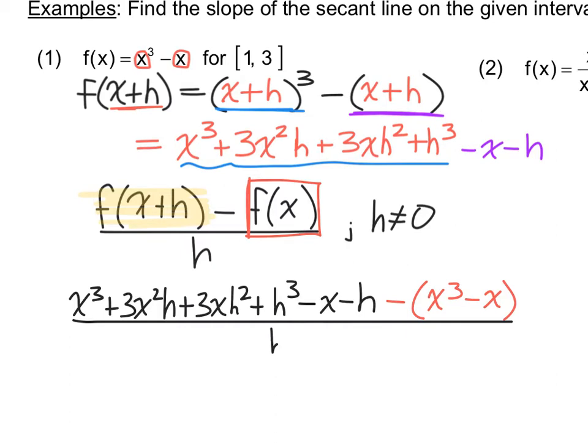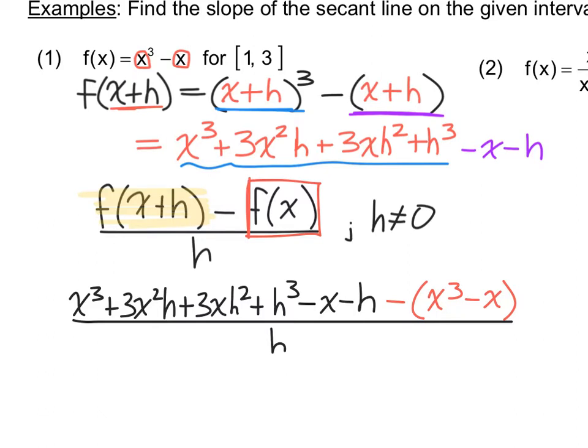I agree. It's pretty gross. All right, it'll clean up a little nicer, and when we do apply a limit to this, it'll get even nicer. Shockingly nice. But for now, it's going to look pretty nasty. So we have some terms that'll cancel out. If your f of x doesn't cancel out completely, then you made a mistake somewhere.